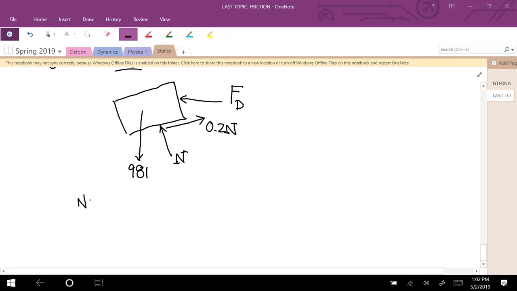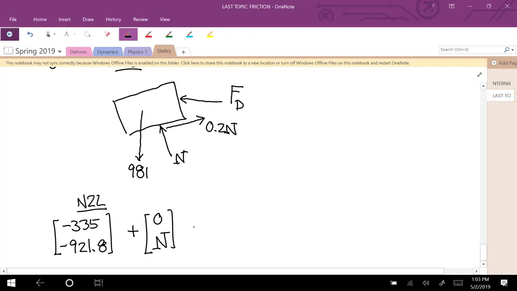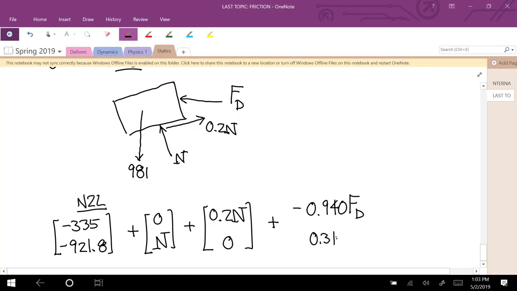So Newton's second law says negative 335, negative 921.8, plus 0N, plus positive 0.2N, plus negative 0.940 FD, positive 0.342 FD, is equal to zeros.